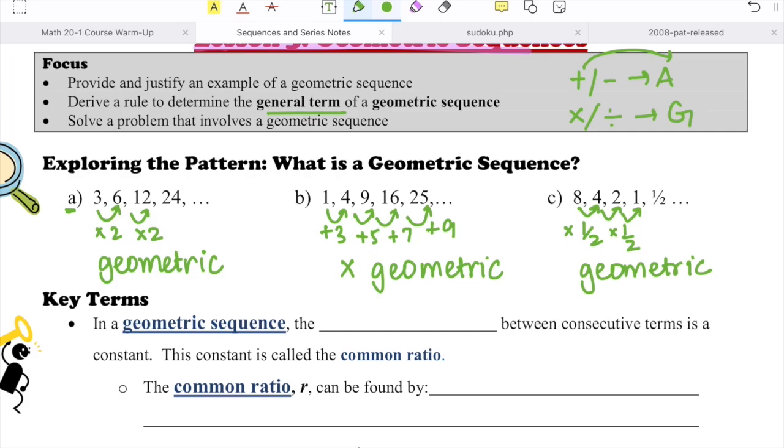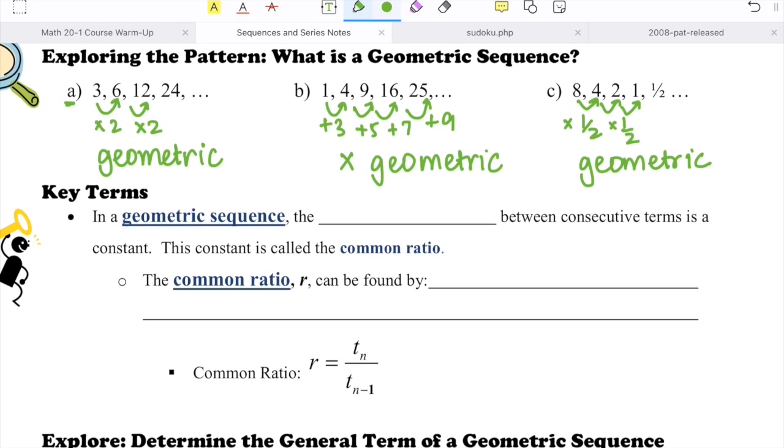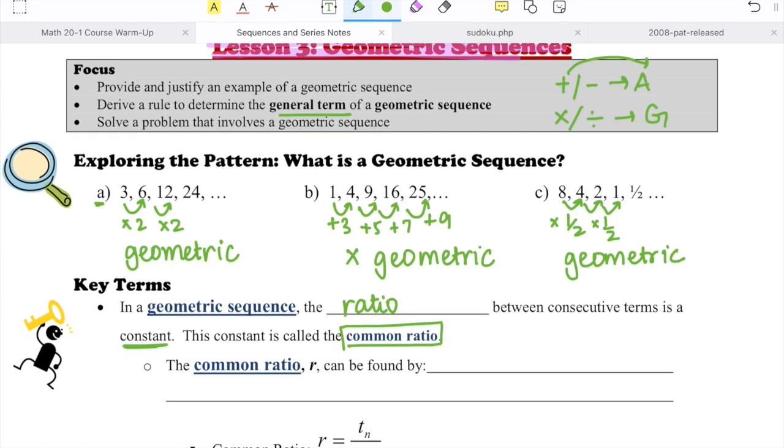Okay? So in a geometric series, the ratio between the consecutive terms is constant. Even in arithmetic series, the difference is constant. So we have ratio in geometric series and difference in arithmetic. And this ratio is called the common ratio. For arithmetic, it was called the common difference.